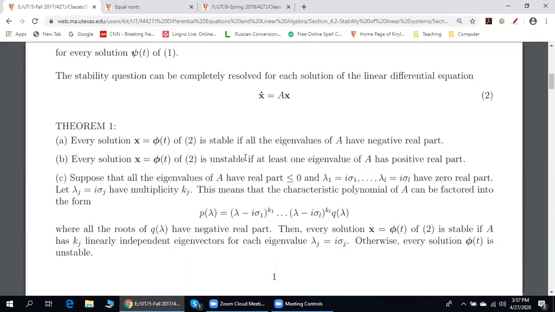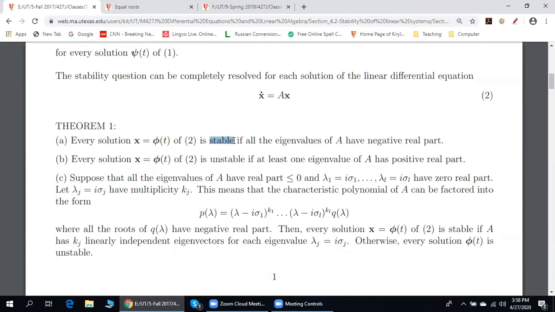Case 2, suppose there are no real parts that are positive. In this case, there are two subcases. All real parts are either negative or 0. If all real parts are negative, all solutions are stable.